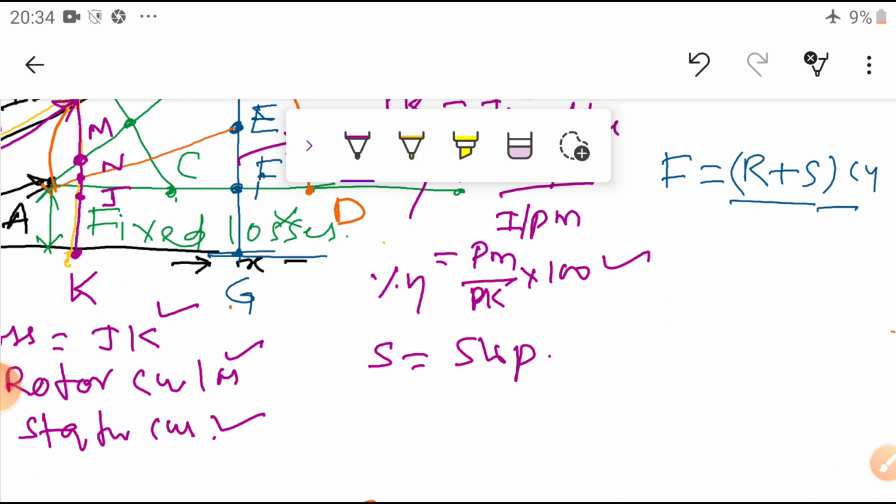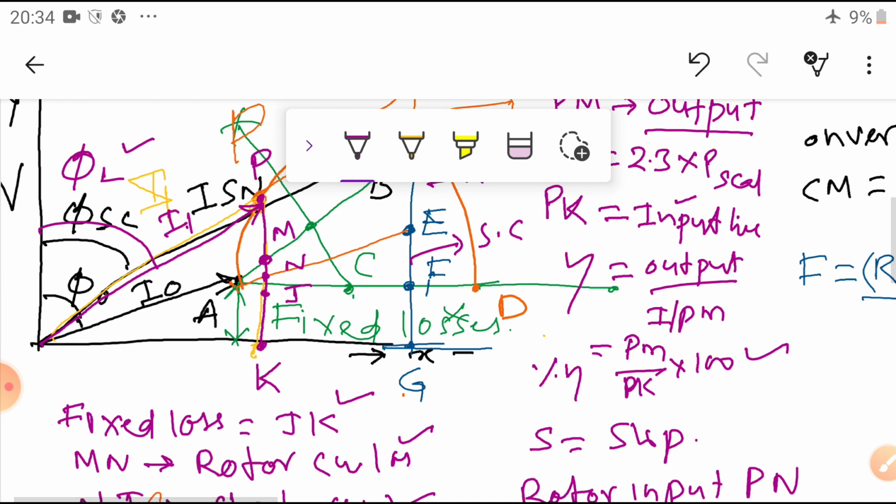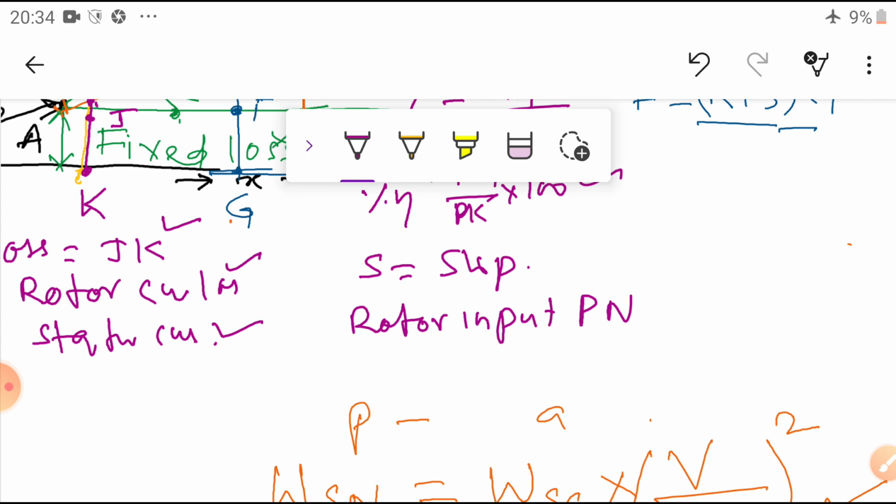So what is the rotor input here? Rotor input, that is the torque line, equal to PN. Where is the P? This is the P. What is the N? Here. So that is the rotor input, P2. Then I want to know the slip. The rotor copper loss is equal to S into P2.